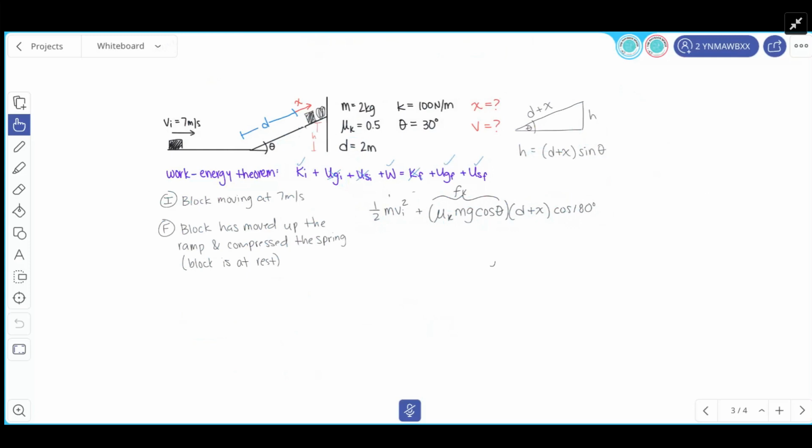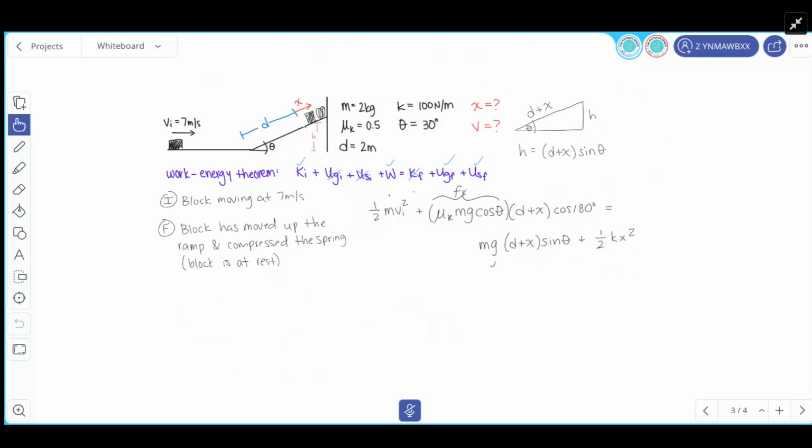On the other side of that expression, we have the gravitational potential energy, so mg times the height, where our height expression is d plus x sine theta. Theta is, again, the 30 degrees that I have here, whatever your angle is, plus the equation for elastic potential energy.